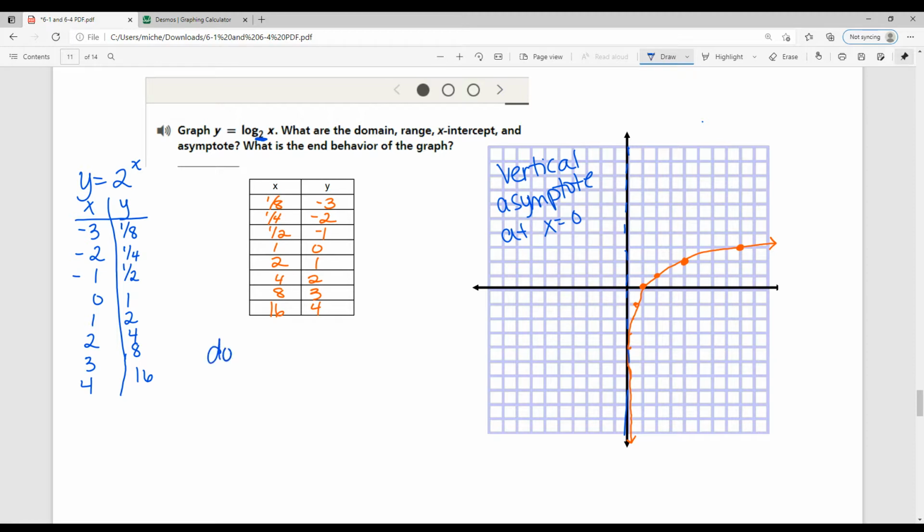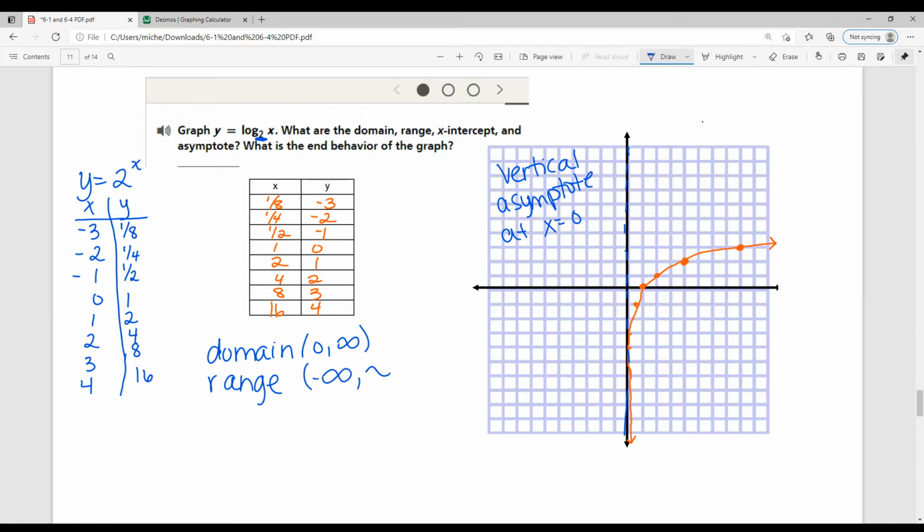So domain would be 0 to infinity, because there's no graph on the left side of the y-axis. The range is negative infinity to infinity.